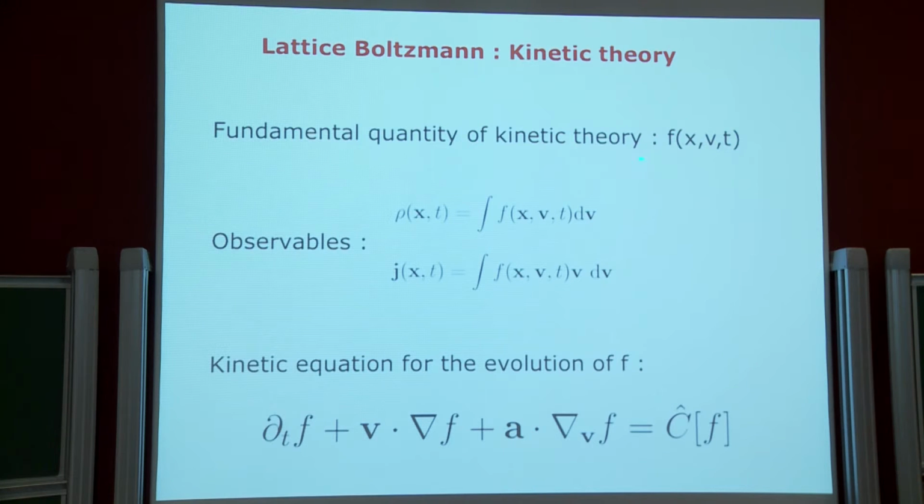And then, because you also have the velocity as a variable in the definition of your probability distribution, you will also have an effect of forces. So if you have a local acceleration, A, then you will also have an effect of this acceleration, but now not involving the derivative with respect to the position of f, but its derivative with respect to velocity.